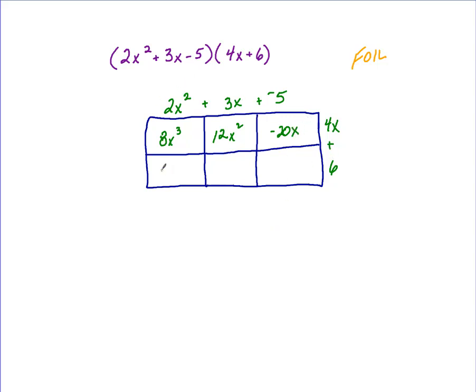6 times 2x squared. 6 times 2 is 12, so there are no x's here, so we just bring down the x squared. 6 times 3 is 18. Bring down the x. 6 times negative 5 is negative 30. And then we go through and we add all of these together.